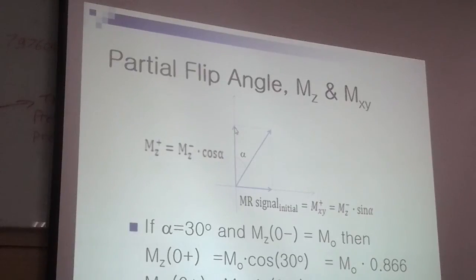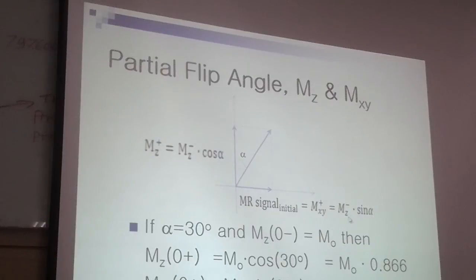So the next transverse component strength is determined by the longitudinal magnetization. So the MR signal is proportional to the longitudinal magnetization multiplied by sine of the flip angle.